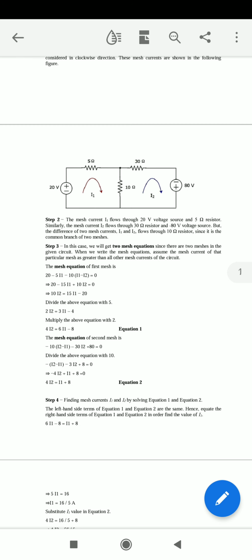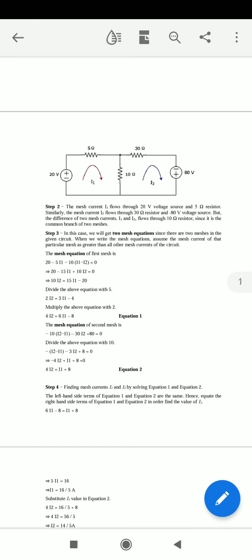Step 3, we write the mesh equations. In the formation of the mesh equation, V equals I into R, this is Ohm's law. We equate it to 0, so V minus I into R equals 0.